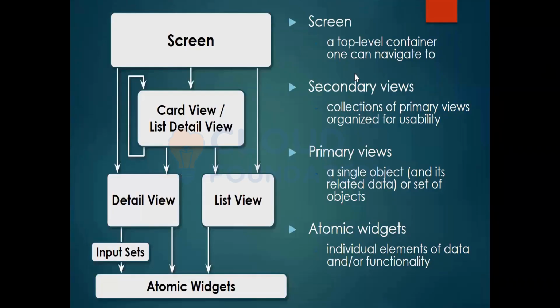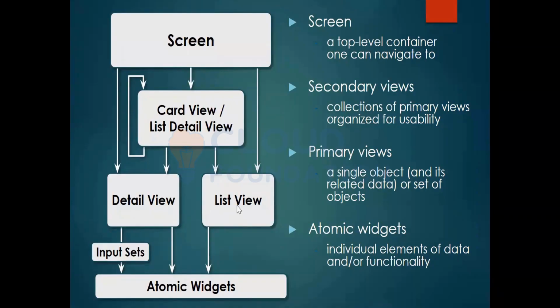If you can, take a screenshot of this screen, because this is very useful. This will summarize everything about the PCF file and how it can be referred. What is the hierarchy? Atomic widgets can be added directly to the input sets. They can be added directly to the detail view. They can be added directly to the list view.